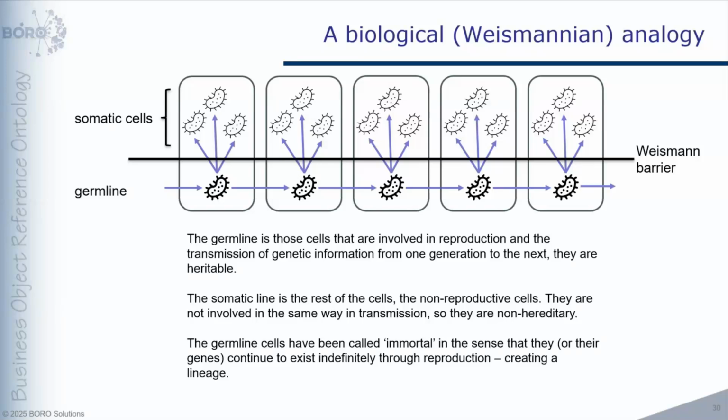In other words, your children are going to come from your germ cells, not your body cells. So the cells in your hands and your brain had no impact on your children. It was only the germ cells. There are all sorts of subtle, complicated problems with the Weissmanian notion, but there's a nice analogy at a simple level: the germline is immortal.